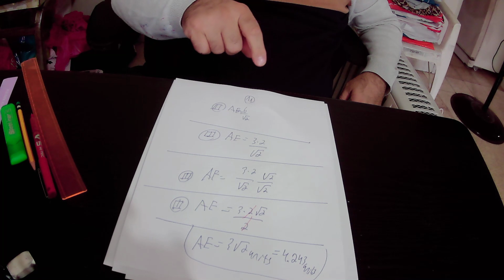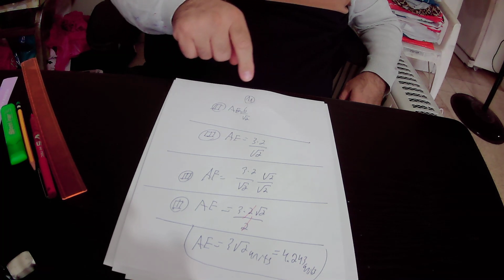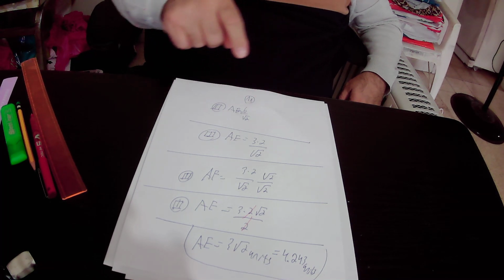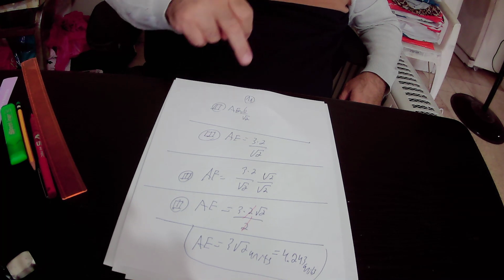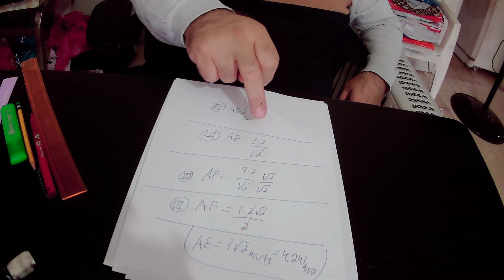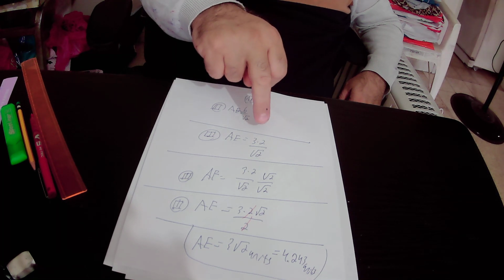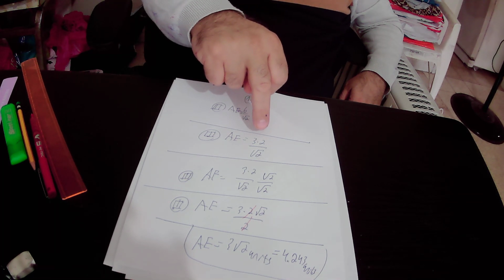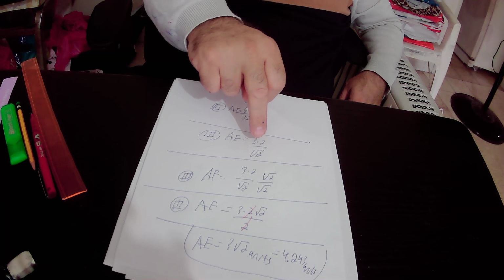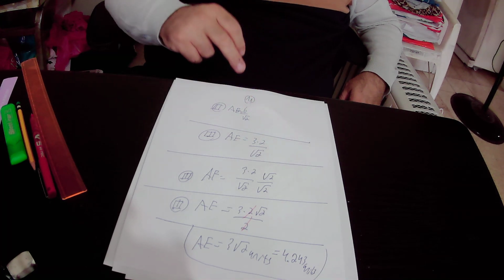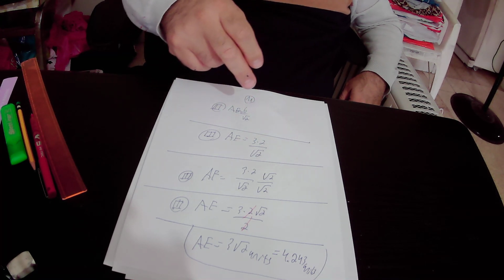We know that 6 is 3 times 2, so we substituted 6 by 3 times 2, and we got that AE equals 3 times 2 over the square root of 2. Here we multiplied this expression by the square root of 2 and then divided it by the square root of 2, so we changed nothing. So it is allowable to do it.